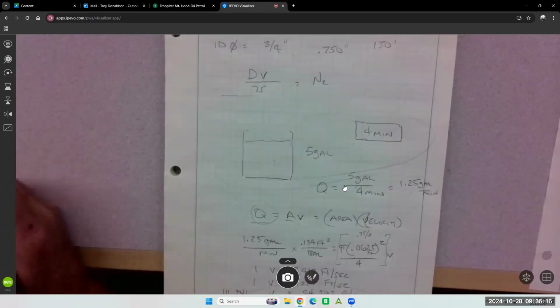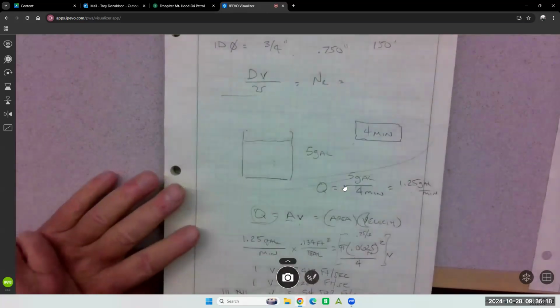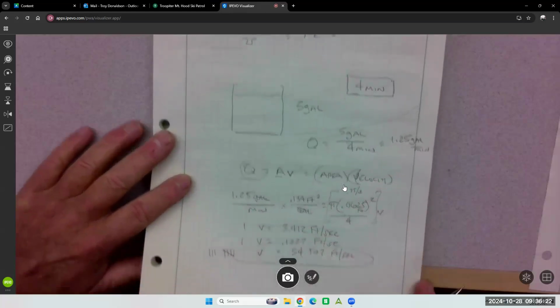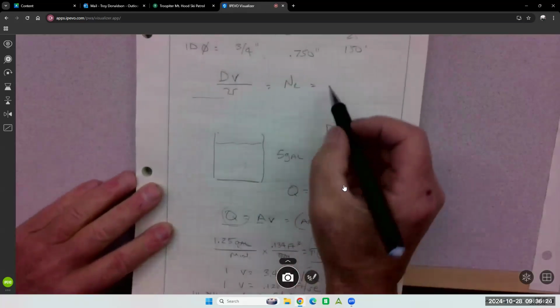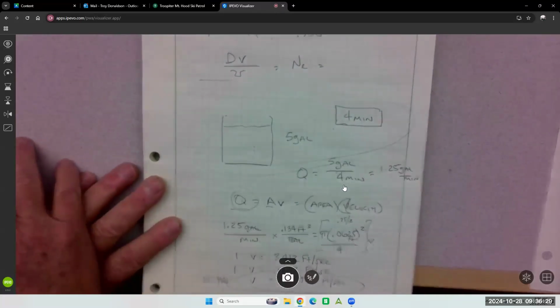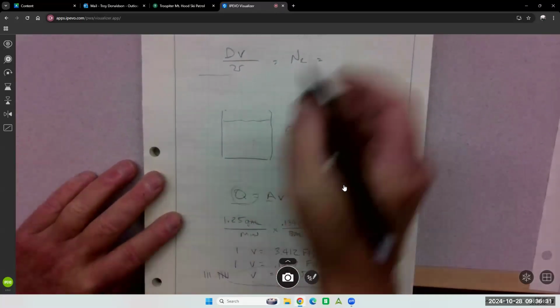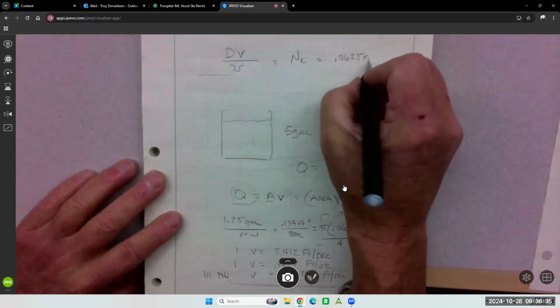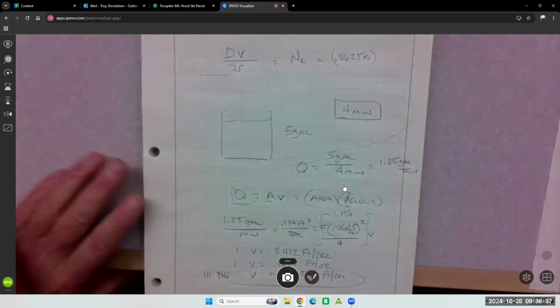Okay. So to get the Reynolds number, we take the diameter. And if your velocity is in feet per second, you want your diameter in feet. You want these units to work together. So be careful with that. We already know it's 0.0625 feet for the diameter.